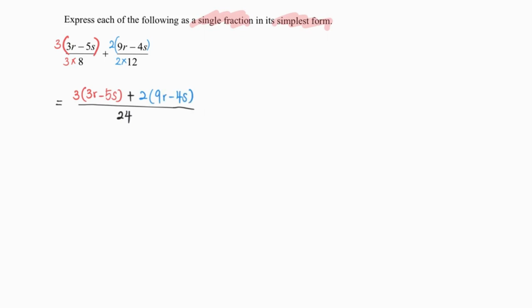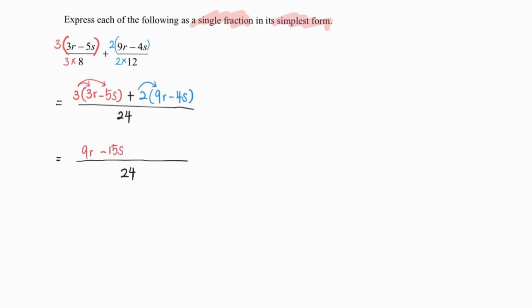Okay? And once we have this, then we can expand and simplify the numerator. Again, you see that I always write the whole thing over 24, which is the LCM, lowest common multiple. And I'm going to expand out. 3 times 3 will be 9r. 3 times negative 5s, negative 15s.